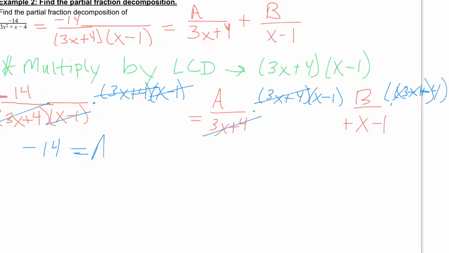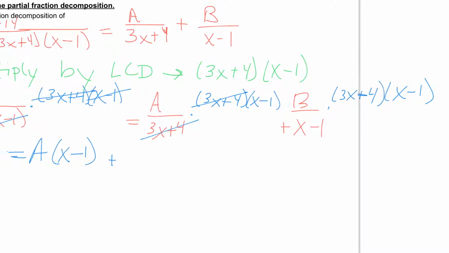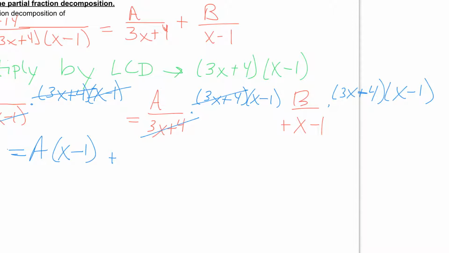So here I have A times x minus 1, plus, with this B, I can get rid of the x minus 1 with this x minus 1, and I'm left with B times 3x plus 4.